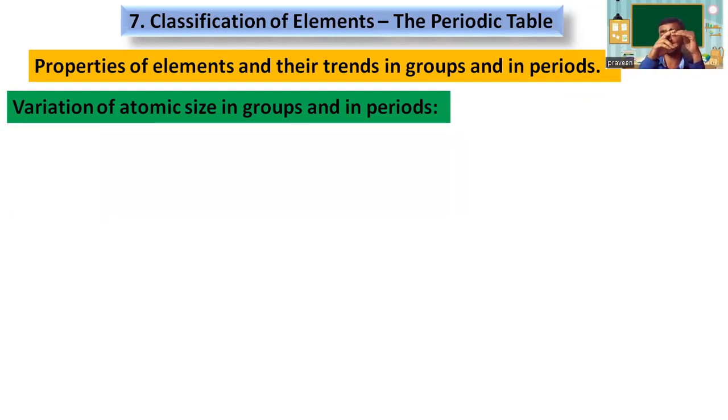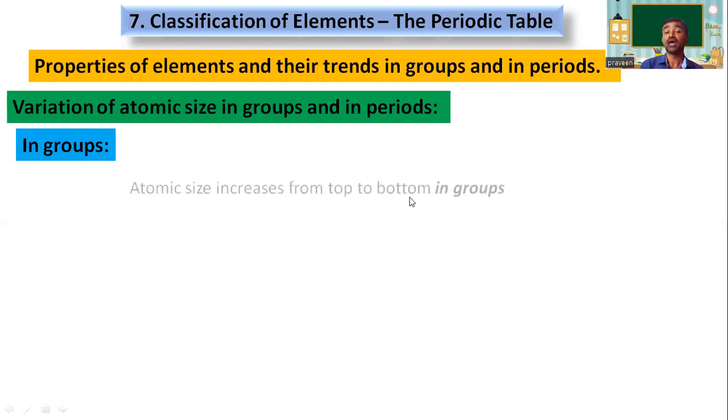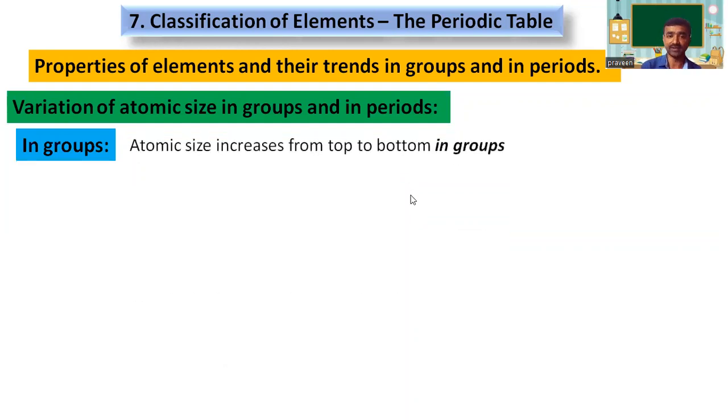So as the number of shells increases, atomic size automatically increases. Within the group, from one element to another, extra shells are added. As the extra shells are added, atomic size automatically increases from top to bottom.